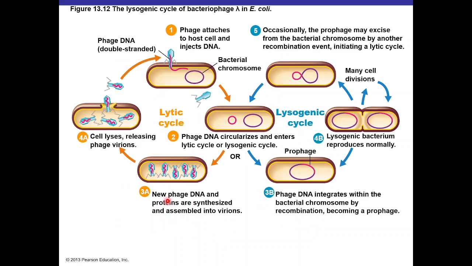Now in the lysogenic cycle, which is in this part, the virus which has injected the DNA into the host cell, it will integrate the DNA into the host cell, making what we call, in this case, a prophage, but it can be called a provirus. And then the virus will basically make copies of themselves in this lysogenic cycle as the bacteria is dividing by binary fission.